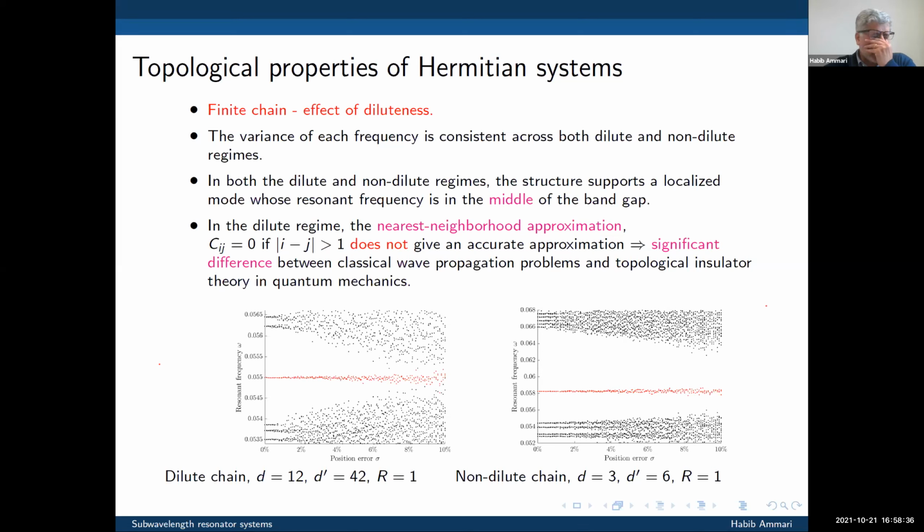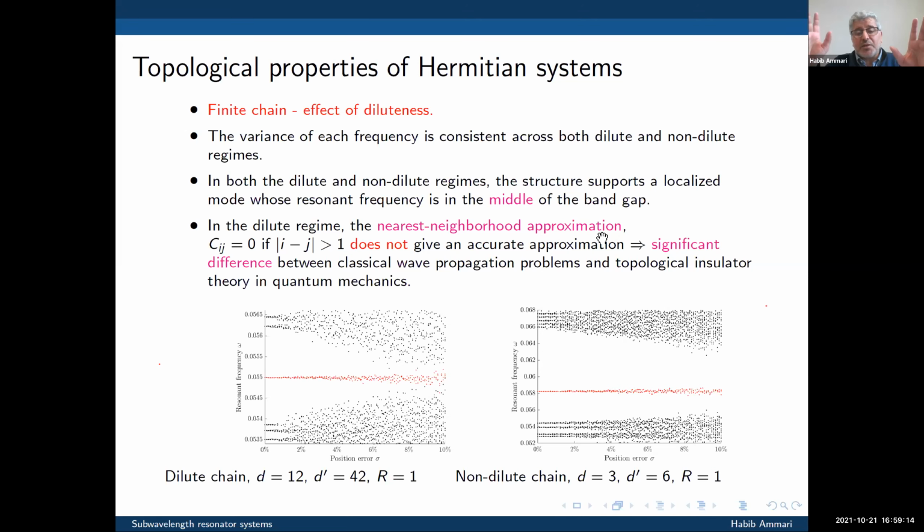If you are familiar with quantum mechanics, this idea of discrete approximation is very similar to the tight binding approximation. Now we have clarified the link between the two. And let me mention that a significant difference between these two is that for classical waves, we cannot approximate our capacitance matrix with a tridiagonal matrix, while in quantum mechanics, the very popular approximation is to use, on top of the tight binding approximation, the nearest neighbor approximation.